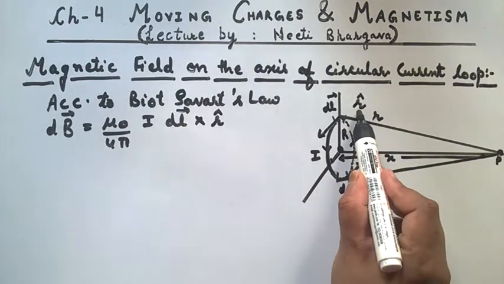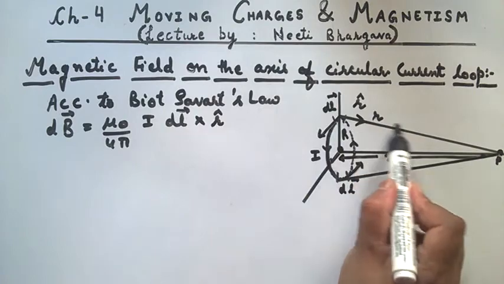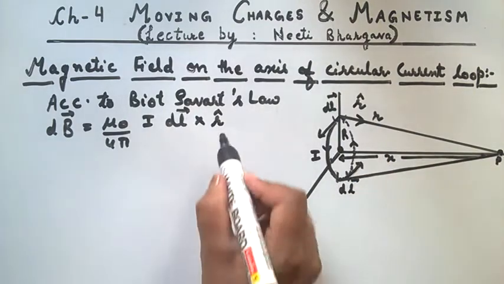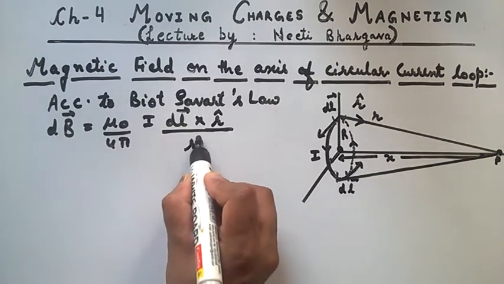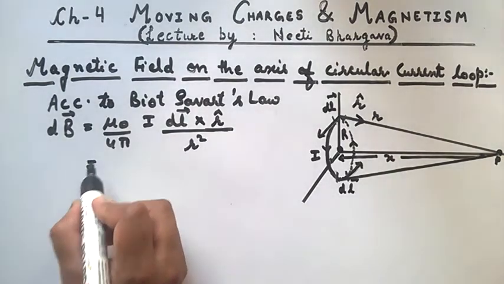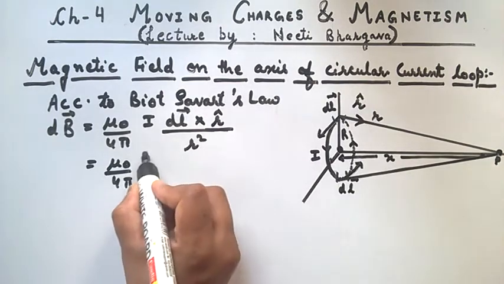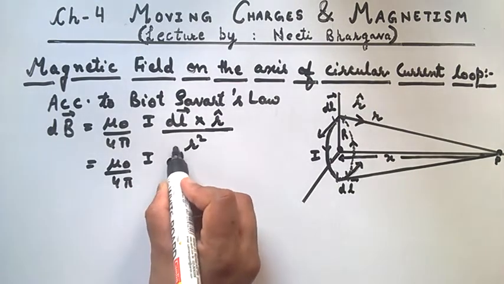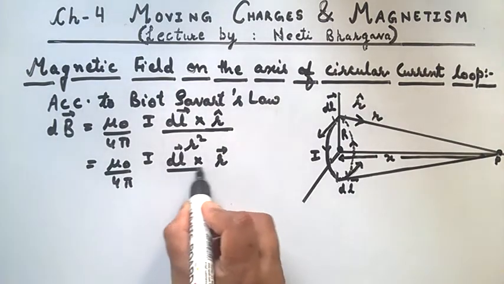Direction of this displacement vector, or we can say position vector, is along r cap, so it is mu naught by 4 pi I dl vector cross r vector by r cube.